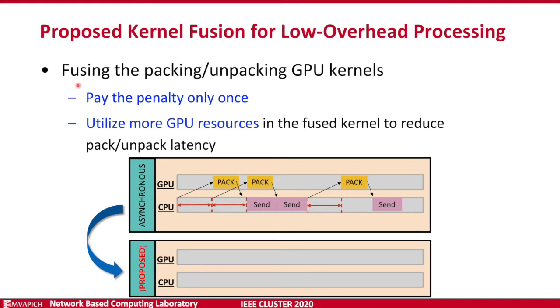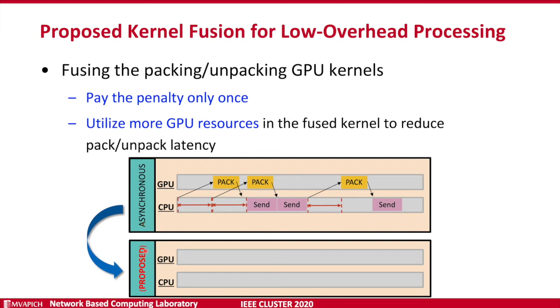Because we know the kernel is very fast, and because of the property of this bound communication, we can fuse multiple packing and unpacking operations. We delay the communication a little bit, but we fuse everything together, so we pay the penalty only once. Then we can utilize more GPU resources in this fused kernel, so we can also reduce the packing and unpacking latency.